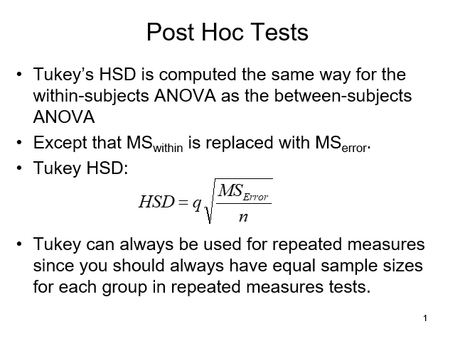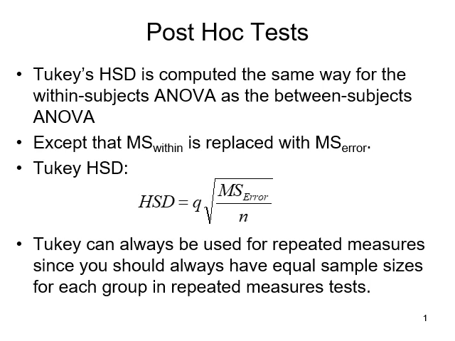Now, in this case, we're almost always going to use Tukey's HSD, as it works best when there's a near equal sample size, and as the repeated measures or within subjects ANOVA has an equal sample size, that's usually what we're going to be using. It basically is computed the same way as the between subjects ANOVA, except that the MS within is replaced with MS error.